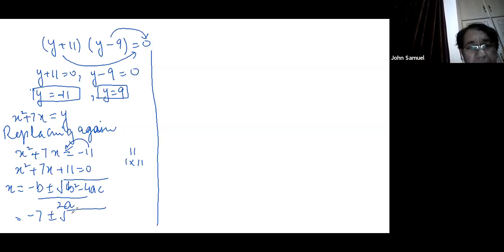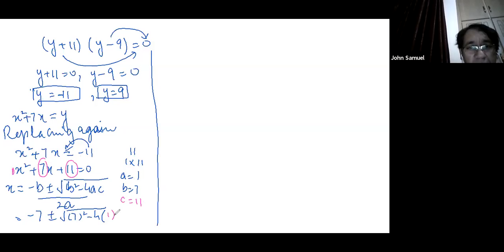So by putting the values here, this will be equal to minus 7 plus minus radical 7 square minus 4 into 1 into 11, upon 2 into 1. You know that a is equal to 1, b is equal to 7, and c is the constant, c is equal to 11.